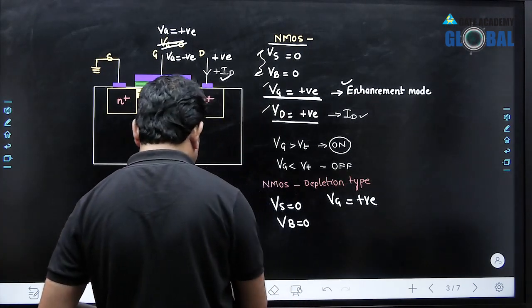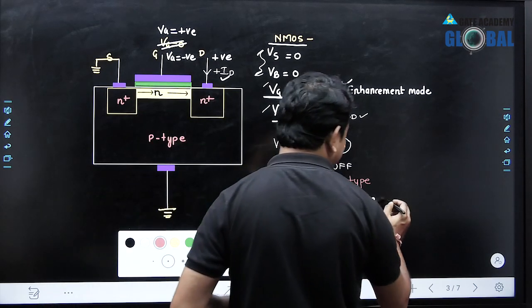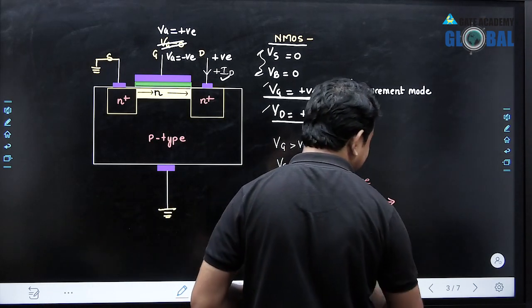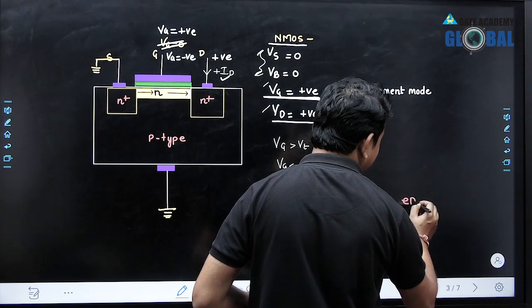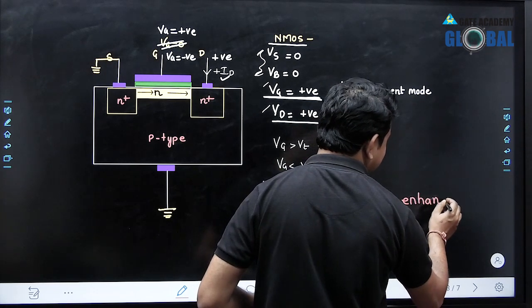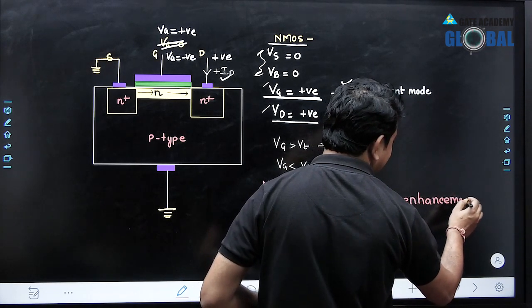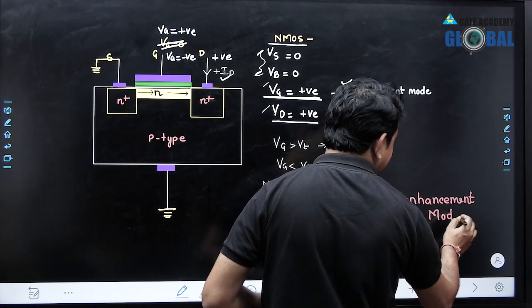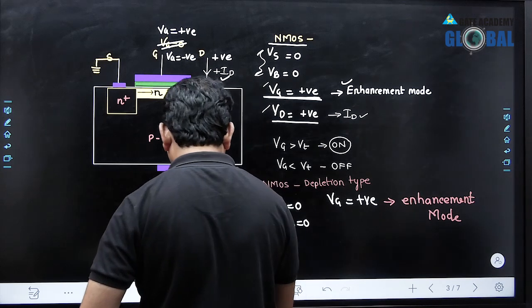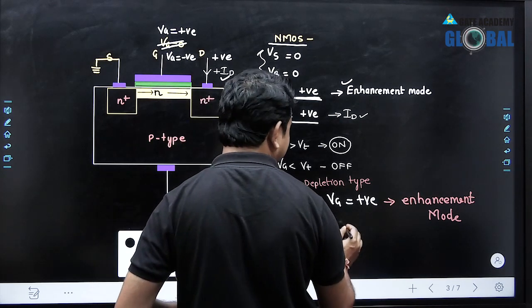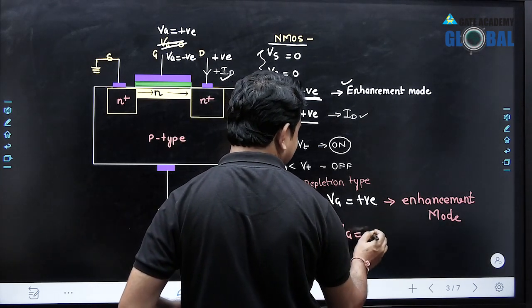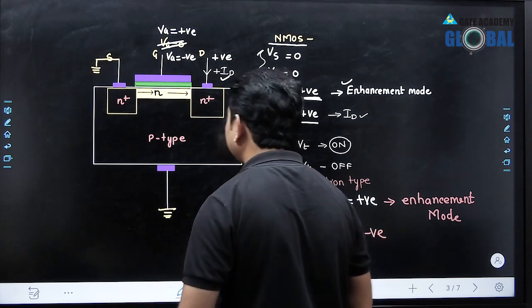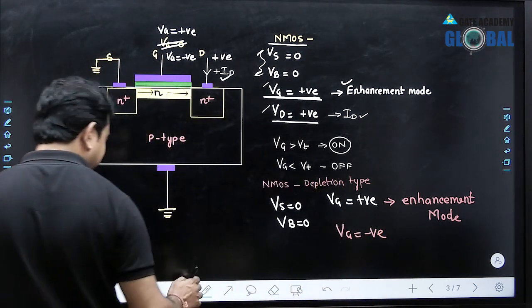Whenever we apply a positive voltage in the depletion type MOSFET, I can say this depletion type MOSFET can be used as working in enhancement mode of operation. And now we can choose another gate voltage. Sir, I want to apply a negative gate terminal voltage. So if you apply a negative gate terminal voltage, then what will happen?